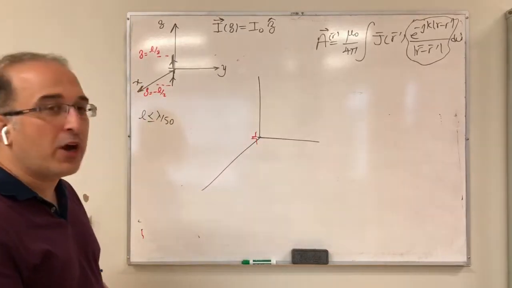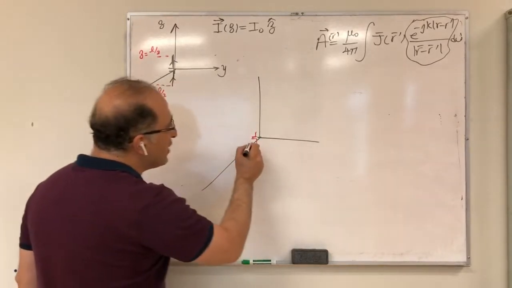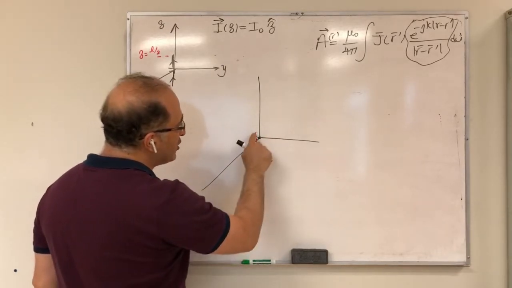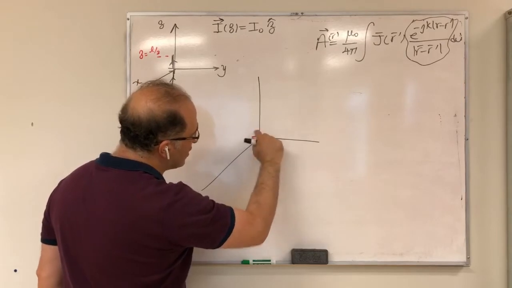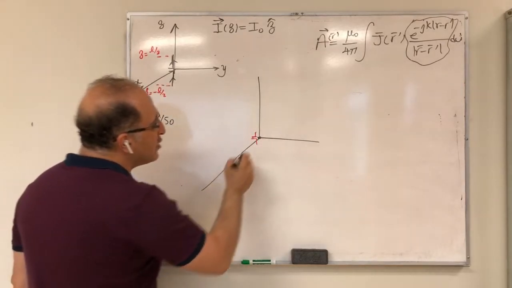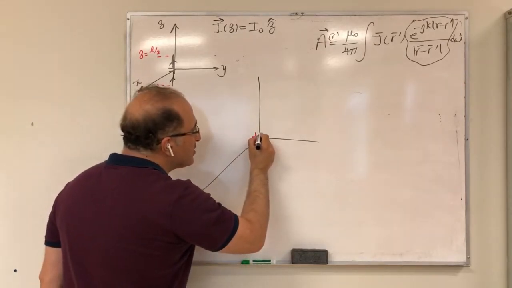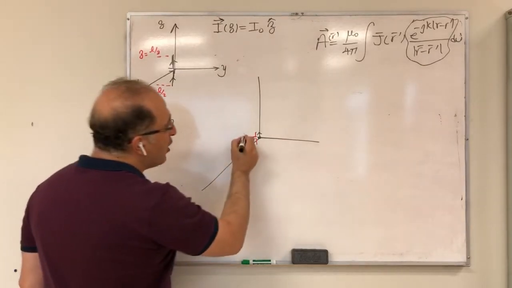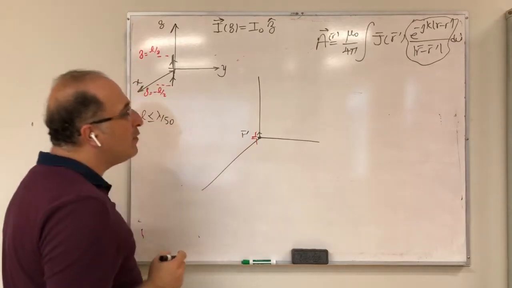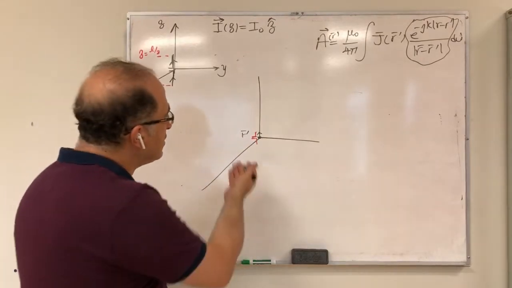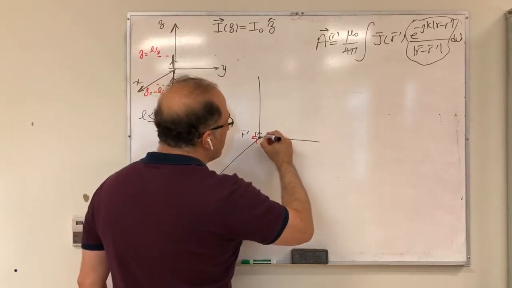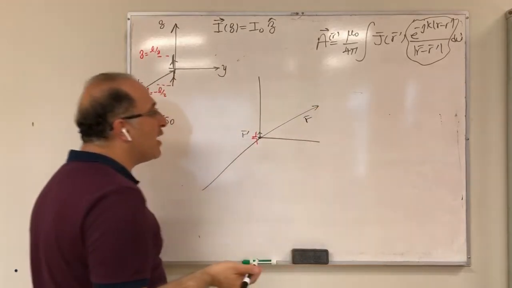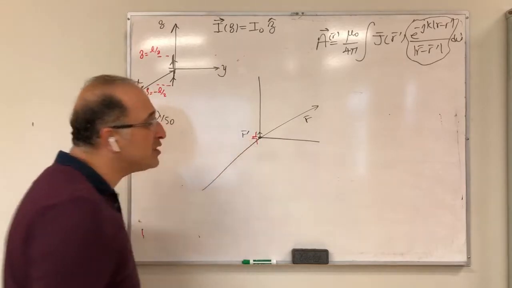So what would be my R prime? R prime is the vector that connects the origin to the different points on the dipole. Now, this dipole is on the z axis, so I slightly shifted it so that you can see. R prime, for example, would be this vector. This tiny vector here is my R prime. Now, if R is away from the dipole antenna like this, it doesn't even have to be in the far field because R prime is so tiny.